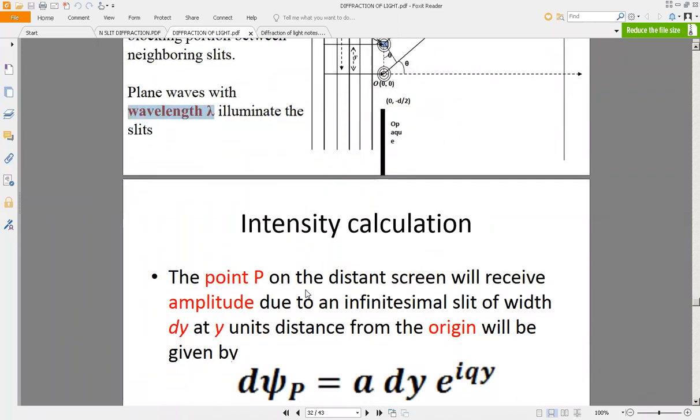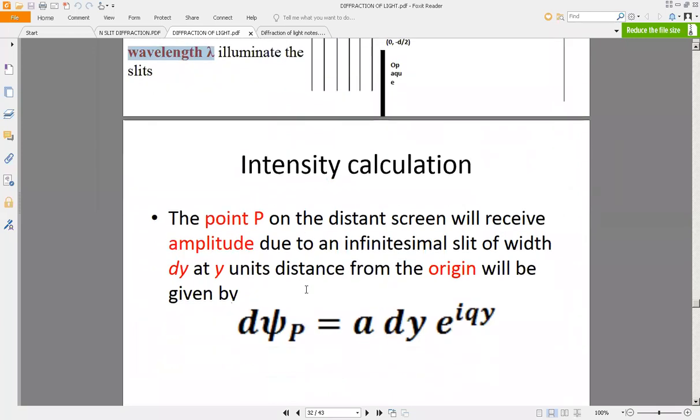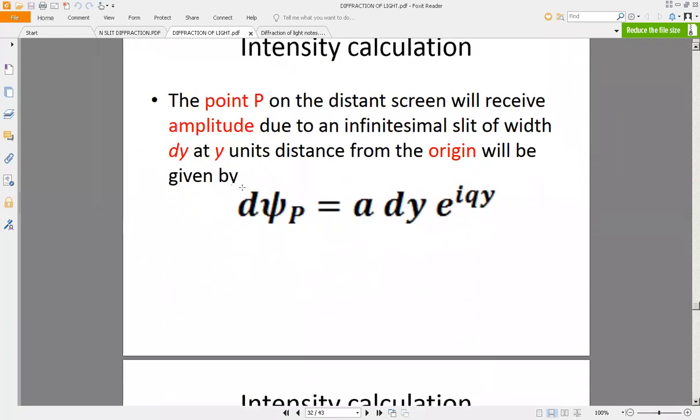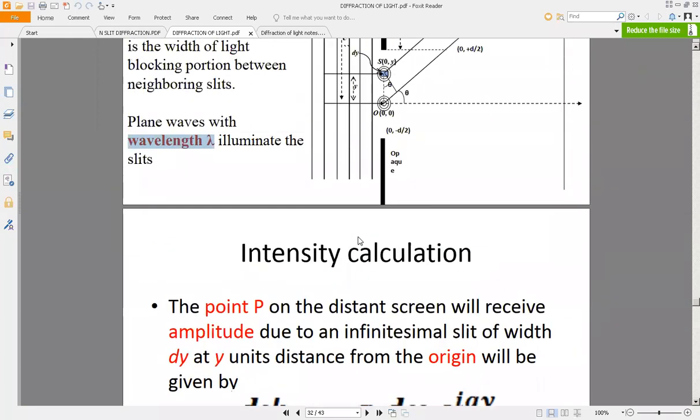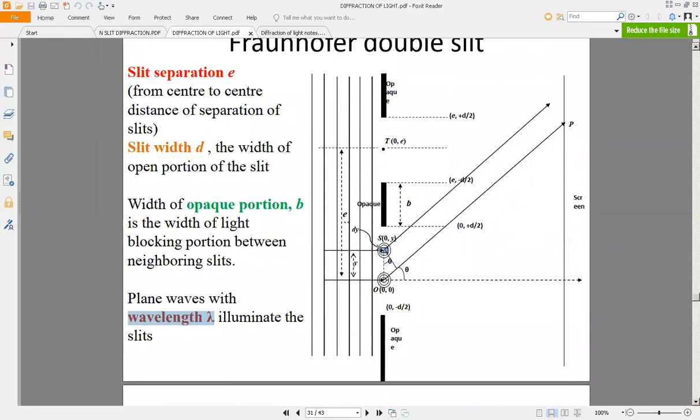I'll post this entire PDF in the group also after the class. Right. So I have already mentioned at point P, the d psi P is going to be a dy e power iqy from an arbitrary point. So the idea here is, earlier I integrated this part from minus d by 2 to plus d by 2.